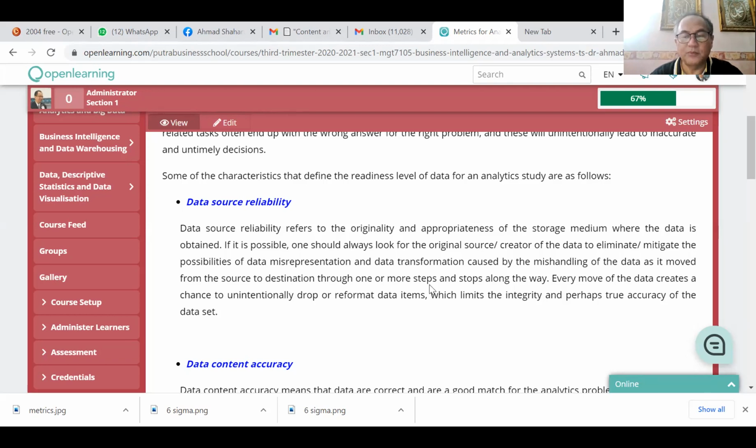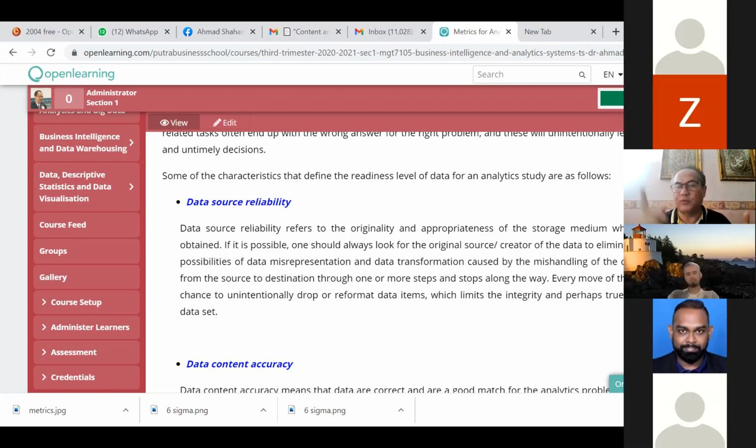We want to eliminate or mitigate possibilities of data misrepresentation and data transformation that can cause mishandling of data when it moves from one destination to another destination. So every move can cause unintentional drops. There might be missing data, especially when you do CSV, comma separated value. So comma separated value is you have comma, comma, comma.